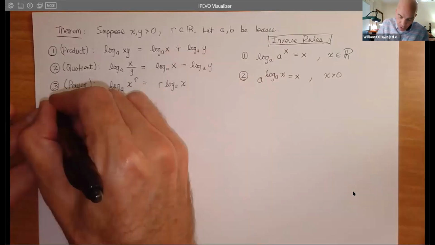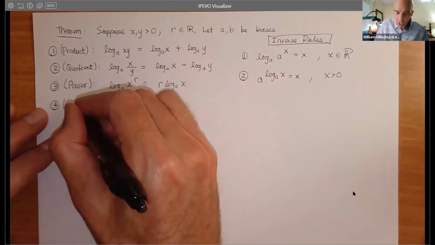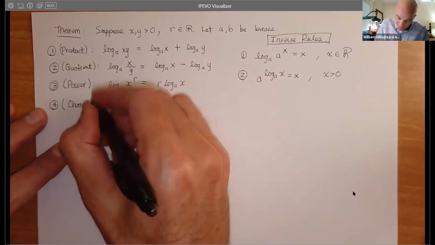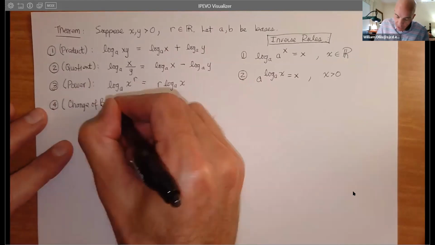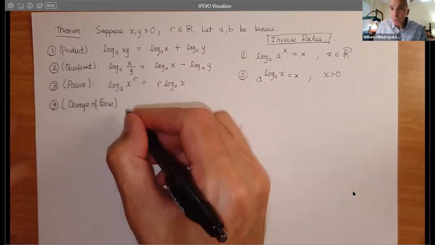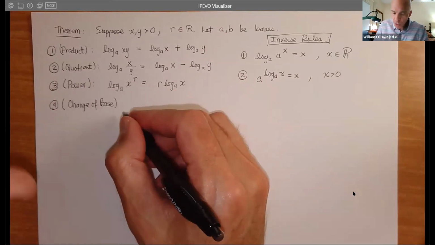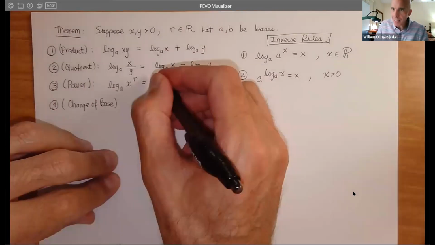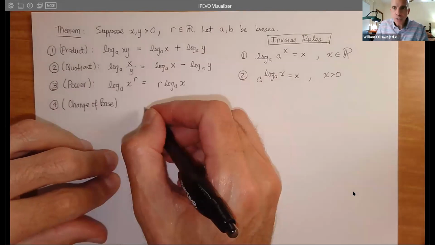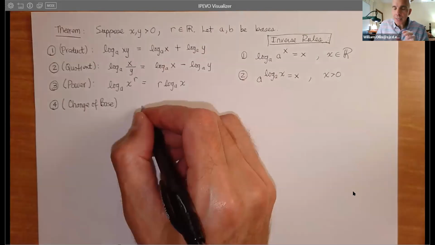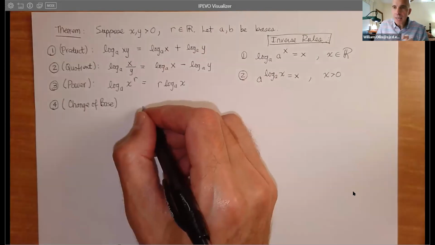And then, of course, the last one is probably one of the most important. It's called change of base. Now, when you take calculus, you learn the calculus of the natural base, the natural logarithm, and then you change all the other bases to the base e. So you get the calculus for the other bases for free. So that's where the use of calculus is very efficient.